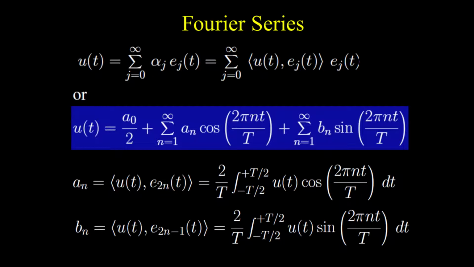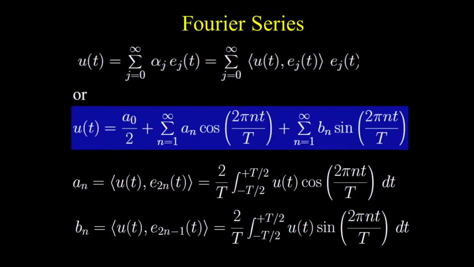a series of cosine terms with frequencies f1 equals 1 over T, 2f1, and so on. A series of sine terms with frequencies f1 equals 1 over T, 2f1, and so on.